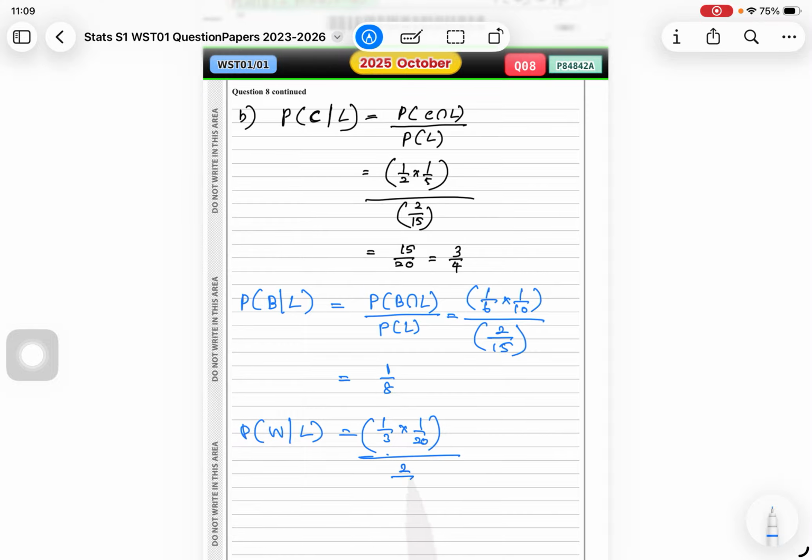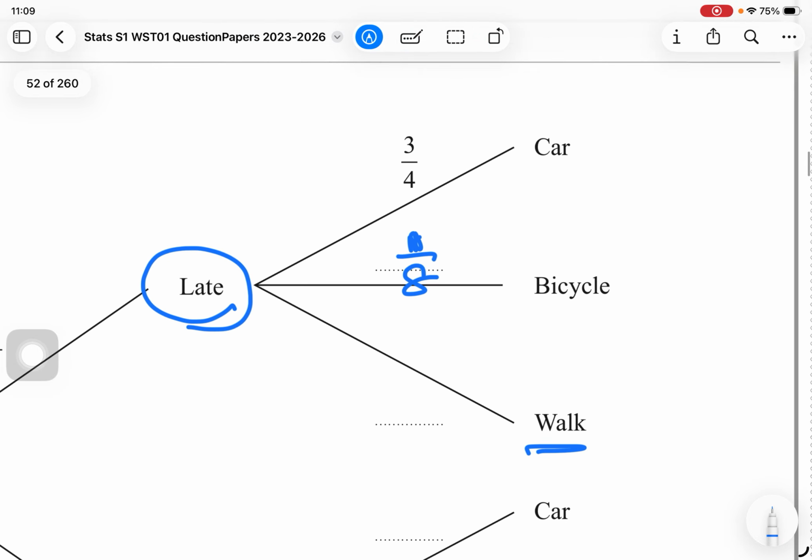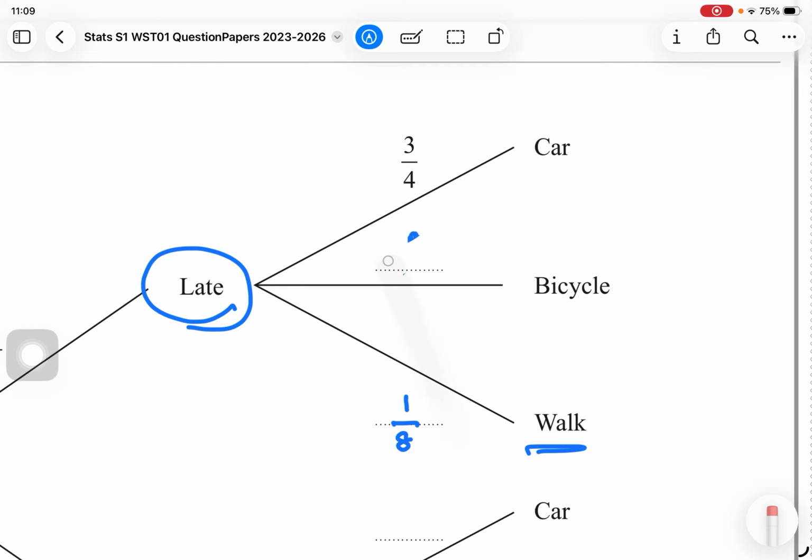Still 2 over 15, so it would give us 1 over 8. Okay, this will also give us 1 over 8. Let me erase and rewrite that properly.